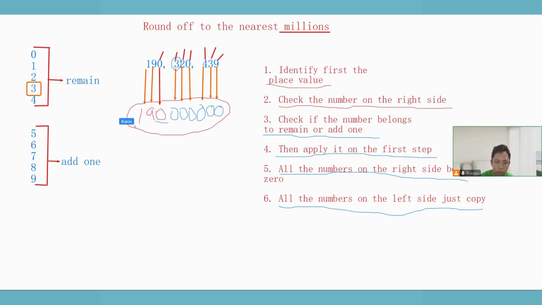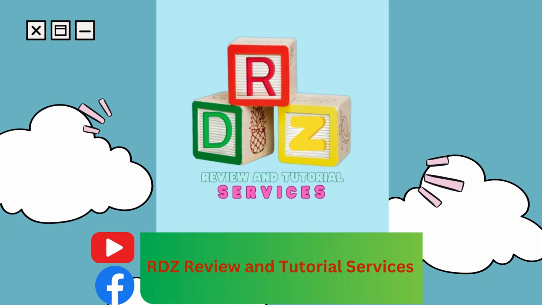To make it clear, our final answer is 190,000,000. That's how we round off to the nearest millions. Again, this rule is not only applicable to millions, but also to thousands and hundreds. That's all for today of our session.